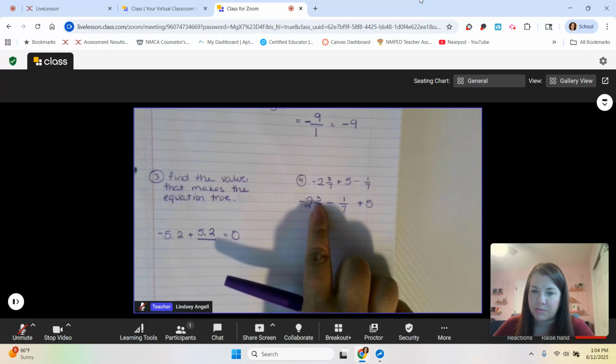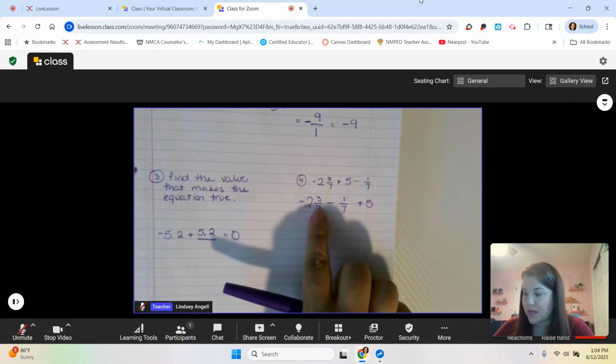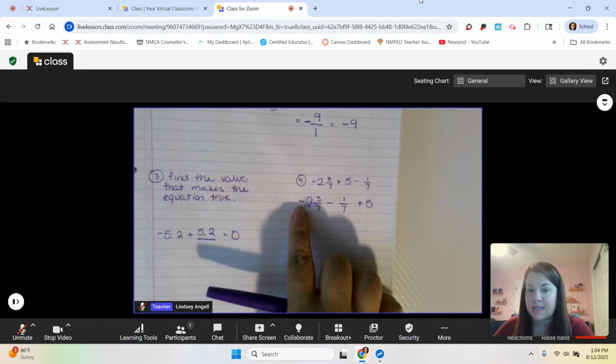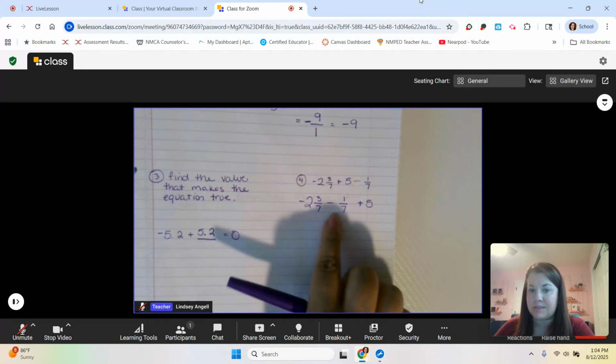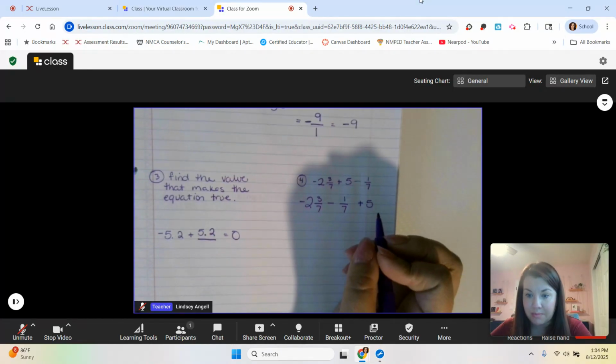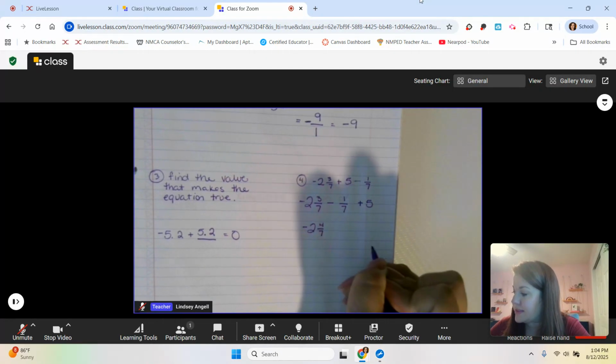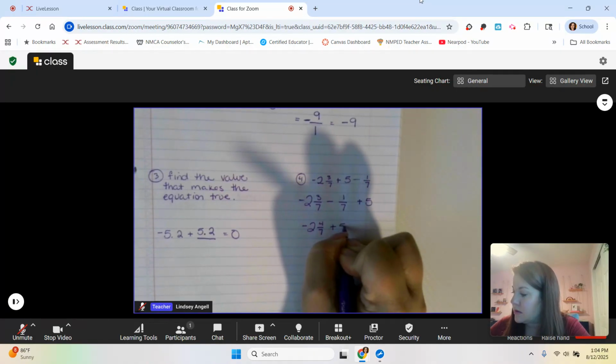Normally we would be tempted to just do 3/7 minus 1/7. We can't do that here because of this negative. It's negative 2 and 3/7 minus 1/7. So really I need to combine them, giving me negative 2 and 4/7 plus 5.